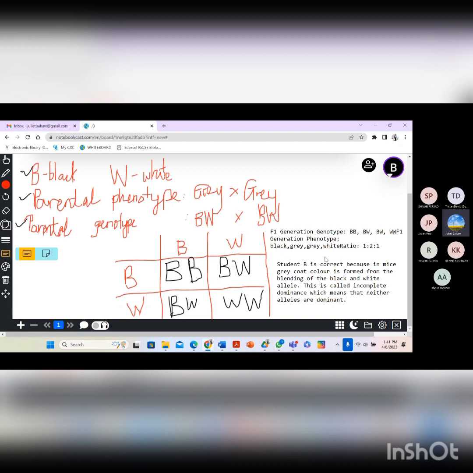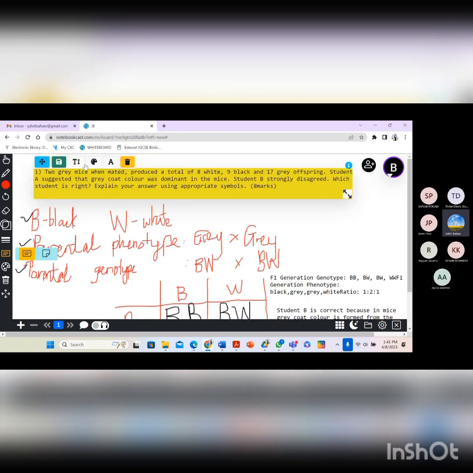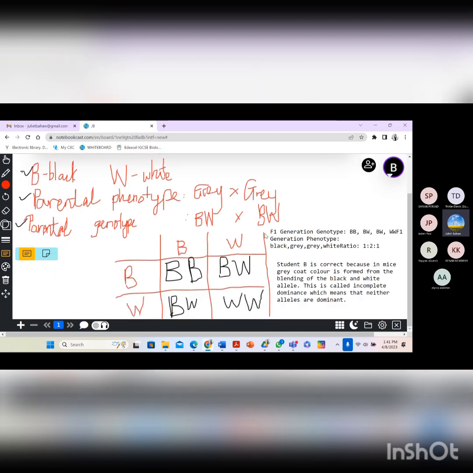So if you are ever faced with a question with coat color, sometimes they bring cows. Sometimes they have that roan cow color, the mesh between, I think, brown and black. I will go back to that question, but if you are ever in a situation where you have a question that has 3 different colors, that particular question would be an incomplete dominance type of question.